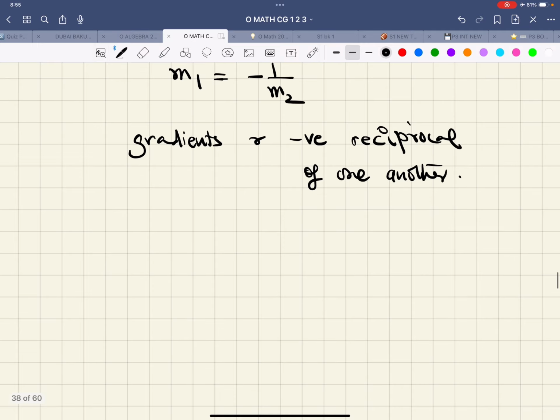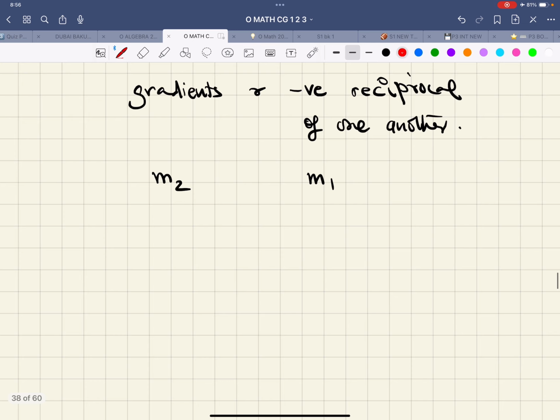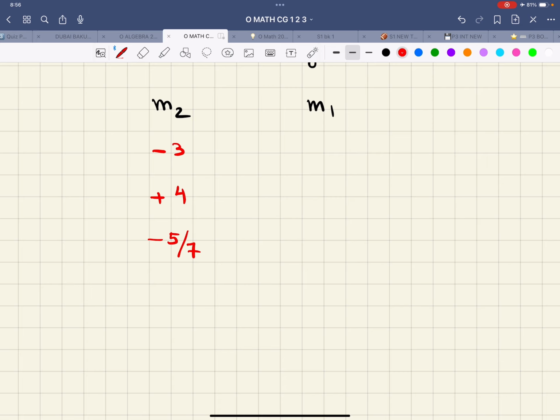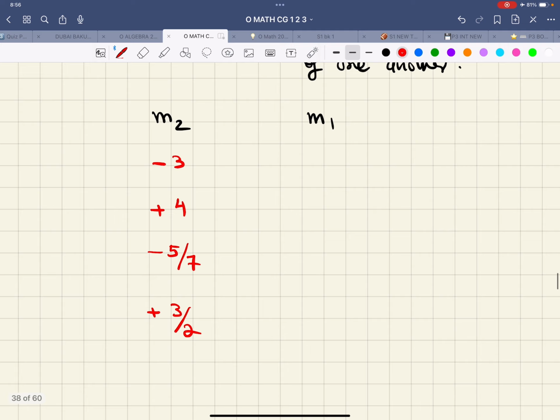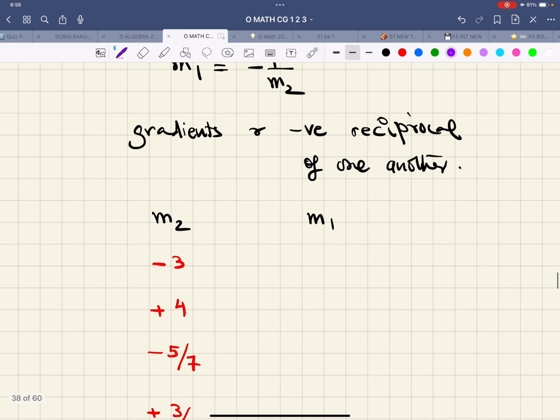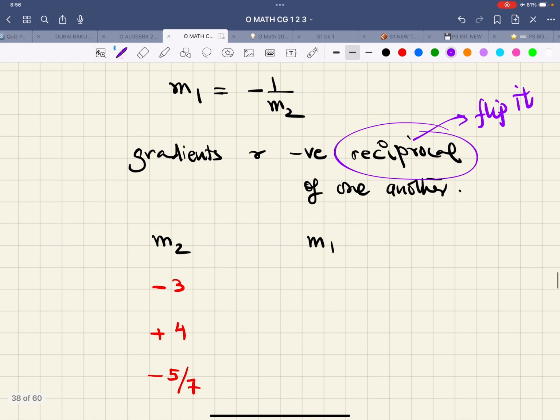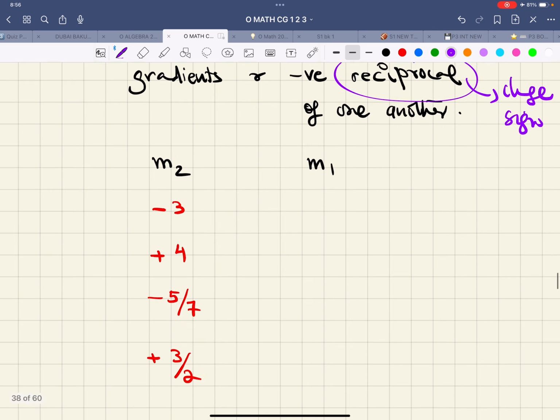Now let's say I'm giving you m2 as minus 3, positive 4, negative 5 over 7, positive 3 over 2, something like this. What will I do? I'll flip it and change sign, because it's a negative reciprocal.